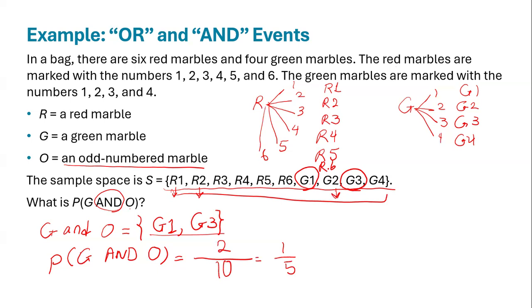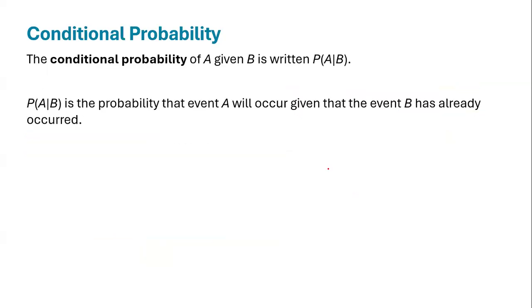So the probability of receiving a green marble and an odd numbered marble is 2 over 10, which is 1 over 5, or 1/5. What's the conditional probability? Conditional probability of A given B, which we usually write in this form.